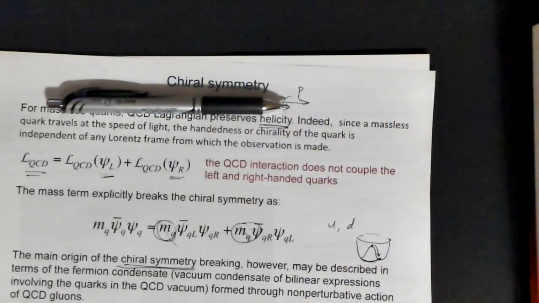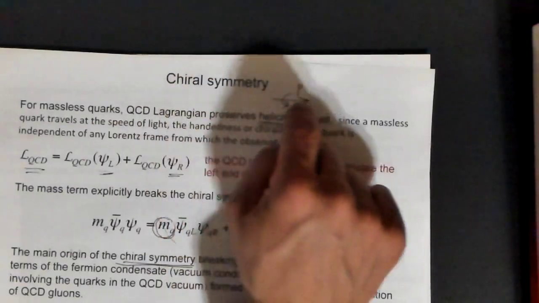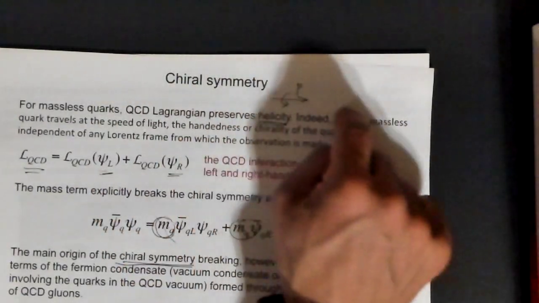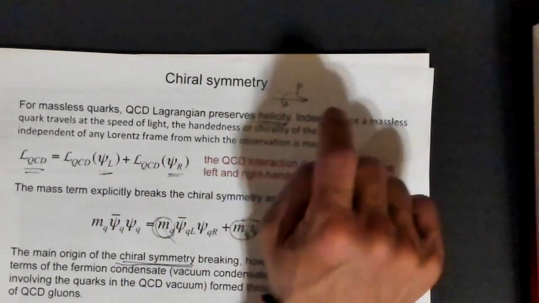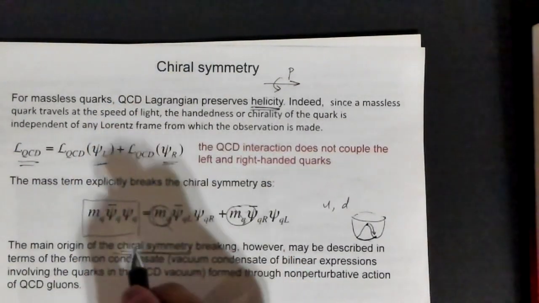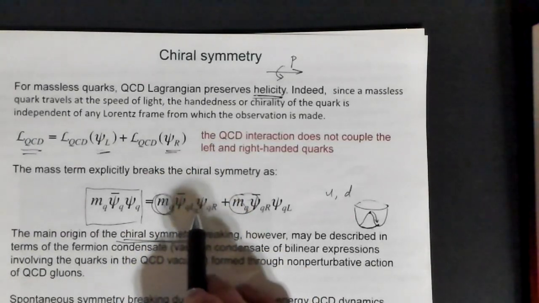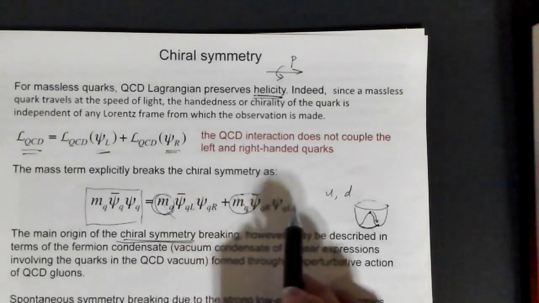Okay. So the fact that you can catch up to a particle and flip its helicity is related to the fact that the term in the Lagrangian that involves the mass of the particle is the term that couples the right-handed helicity to the left-handed helicity, right with left, left with right.